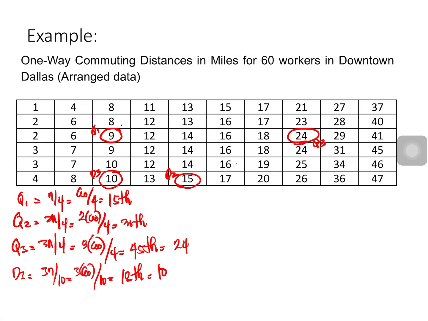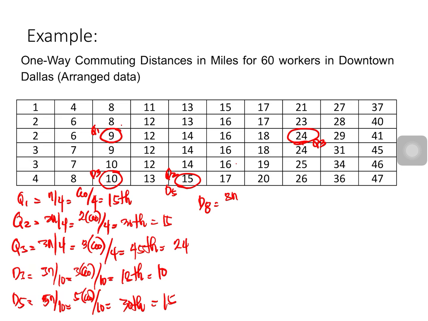D5 is 5n over 10. That is 5 times 60 divided by 10. We have there the 30th, that is 15. This is D5.